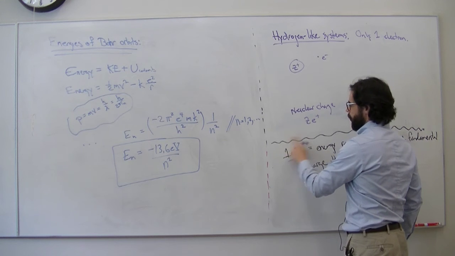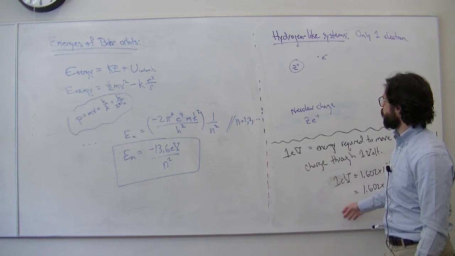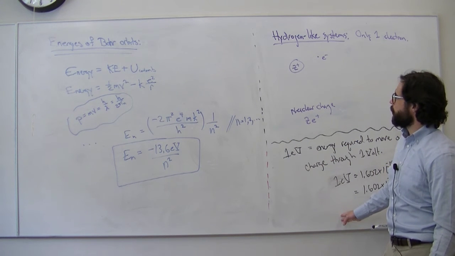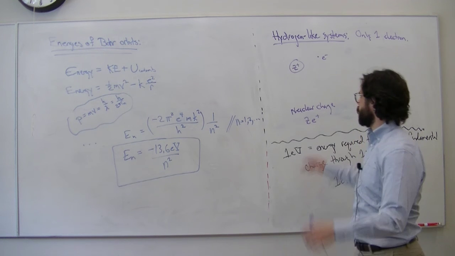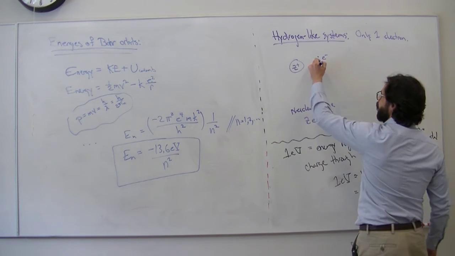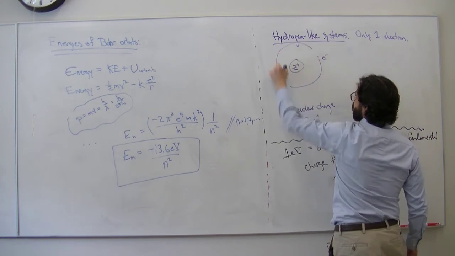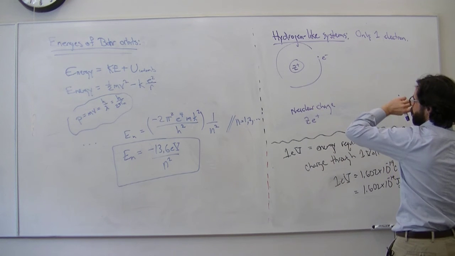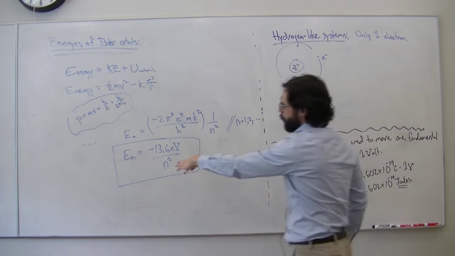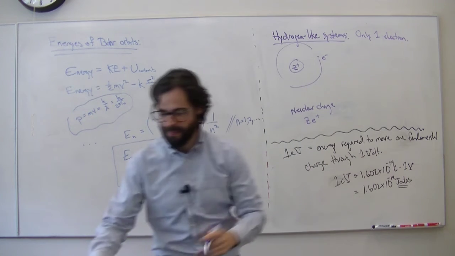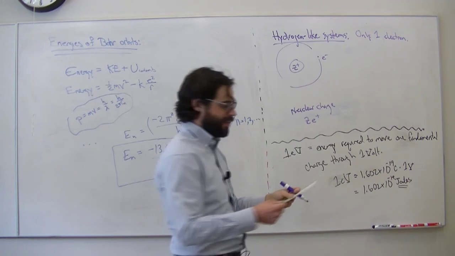So the smartest people around working on this stuff tried to extend the Bohr model to helium and lithium, and the whole thing blew up in their face. So hydrogen-like systems is basically you rip all of the electrons off but 1, and this still works. And there are 2 formulas that you could write down for hydrogen-like systems.